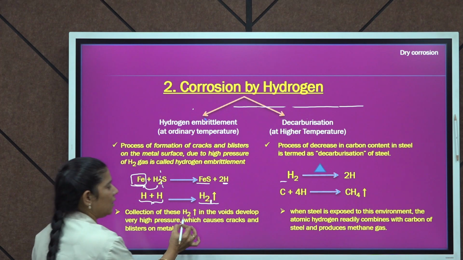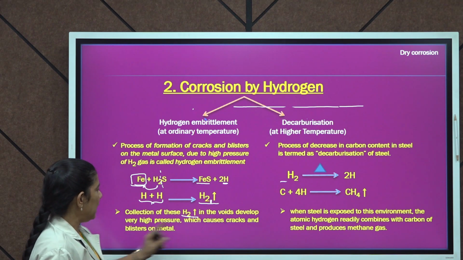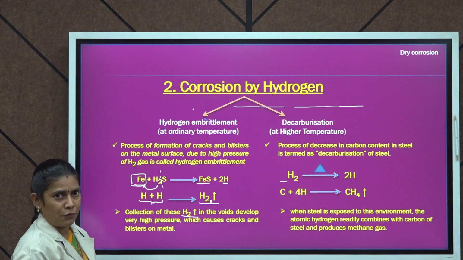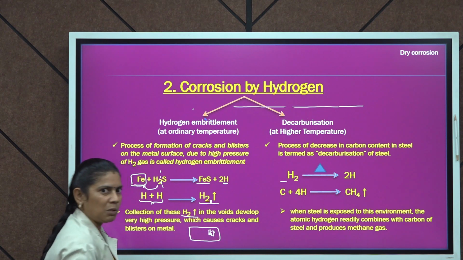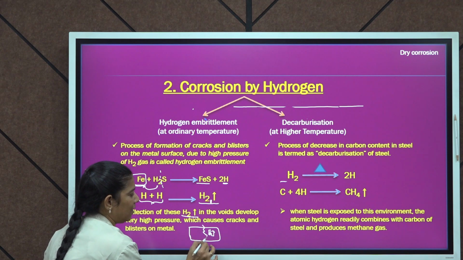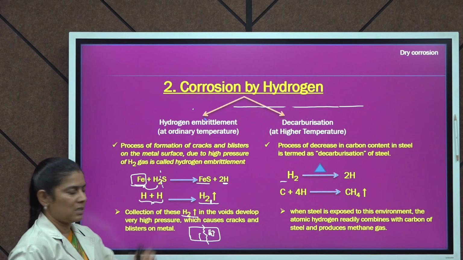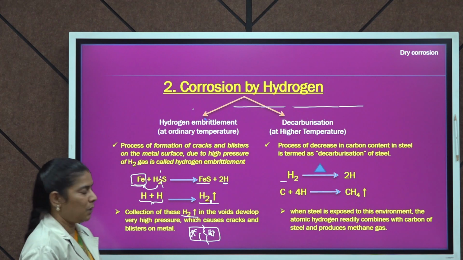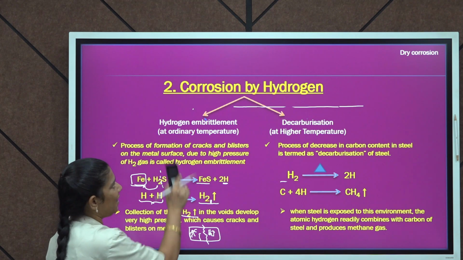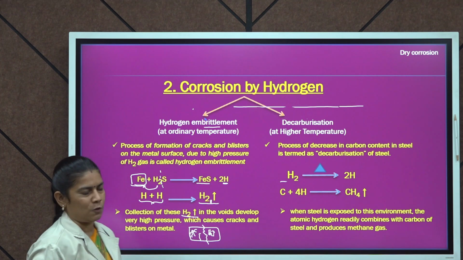Once hydrogen gas evolves, it creates voids and develops very high pressure in the metal. As a result, a crack may occur on the surface. These cracks or blisters, the minute hair cracks on the metal surface, we call hydrogen embrittlement. Embrittlement means cracks or blisters on the metal surface.